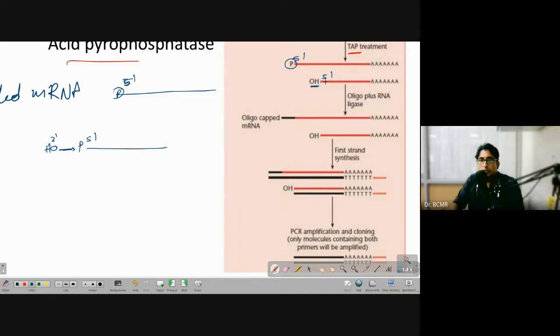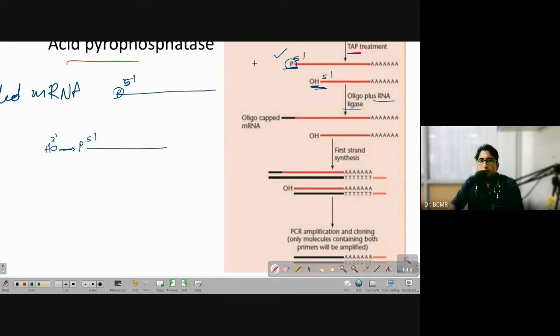So the full-length one, upon treatment with the acid pyrophosphatase, has been cleaved and left with a phosphate on the 5' side. The truncated one has OH. So let's try adding an oligo cap. The oligo cap is just a nucleotide, and we try to use a ligase. It is an RNA ligase.